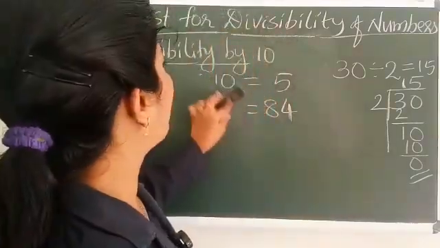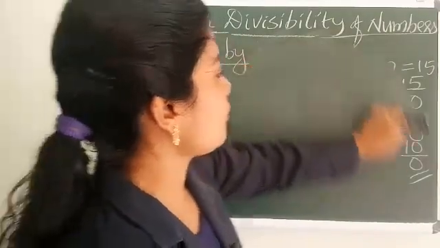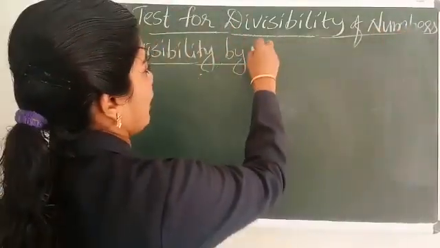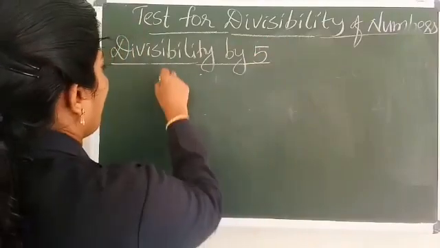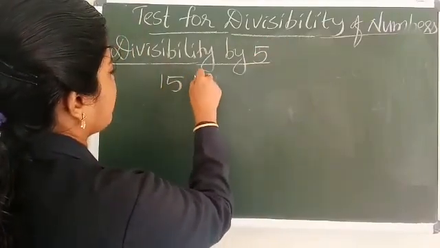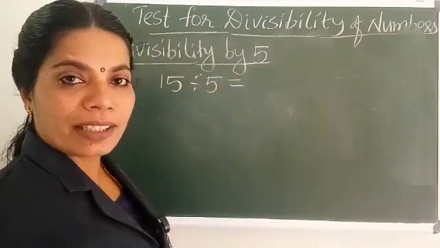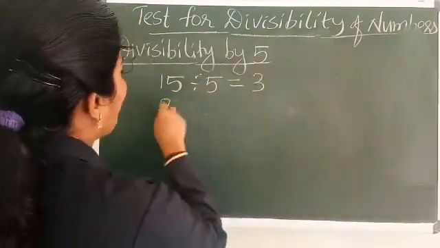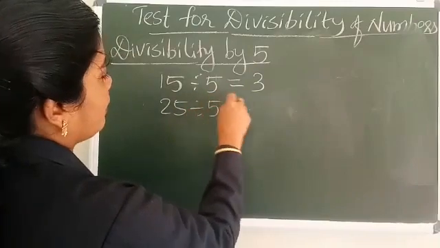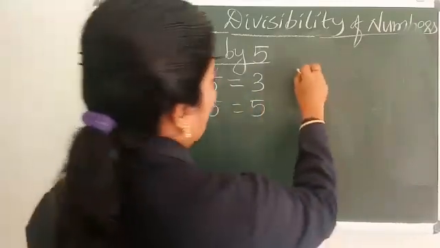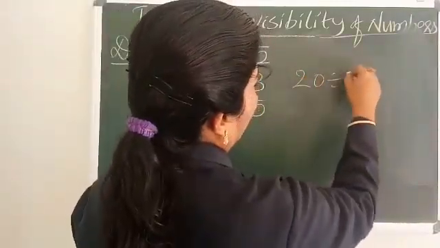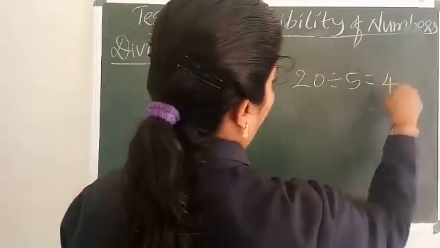Next, divisibility by 5. Let's check. 15 divided by 5, we get 3. 25 divided by 5, we get 5. 20 divided by 5, we get 4.